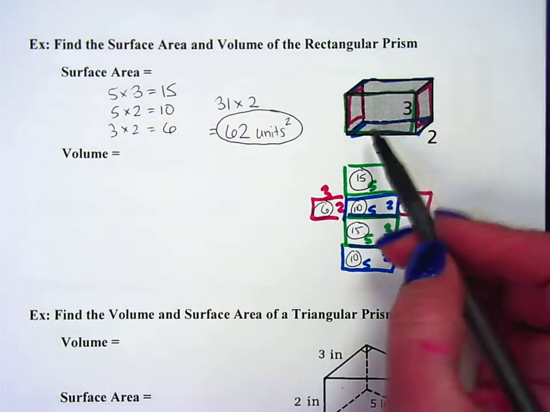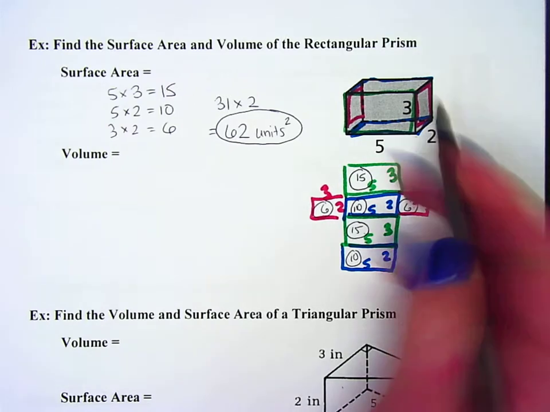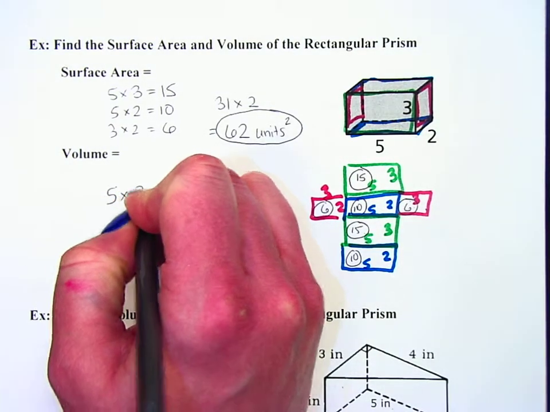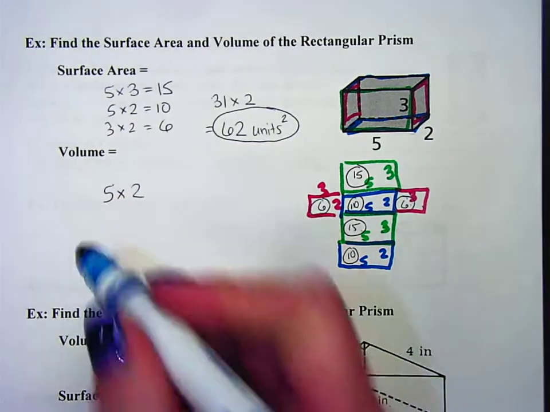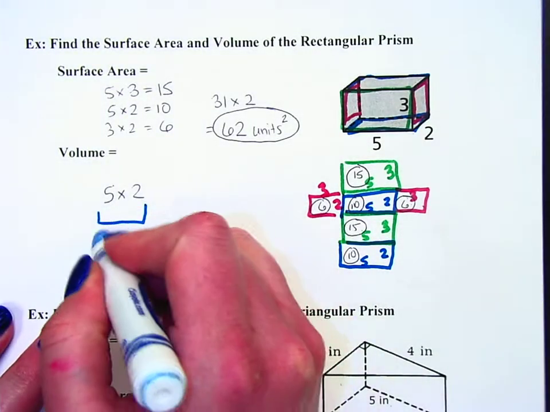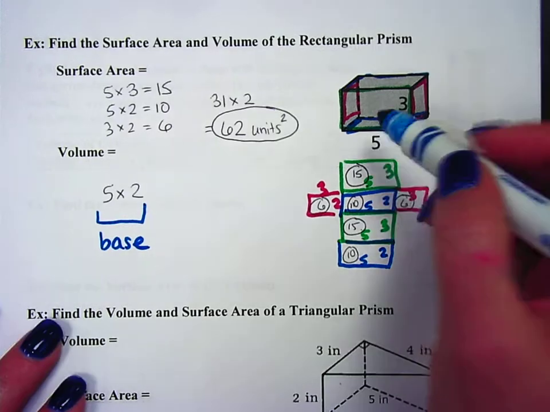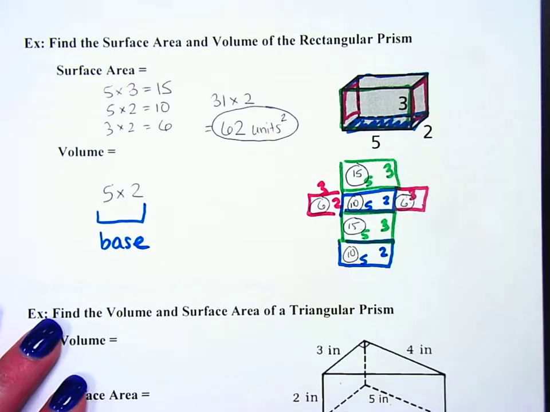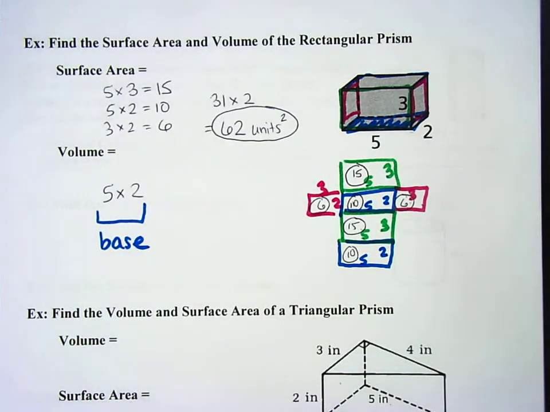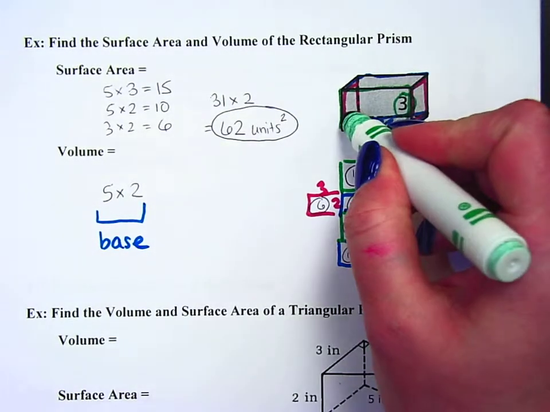Okay, so if we're looking at 5 by 2, 5 times 2 is the area of my base. So in our formula, it said base times height, so I'm just going to kind of shade that in there. So my base, 5 times 2, contained 10 blocks, and then they were stacked 3 high.